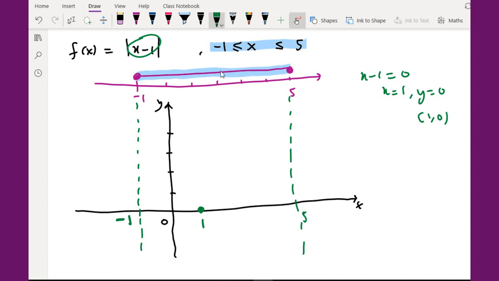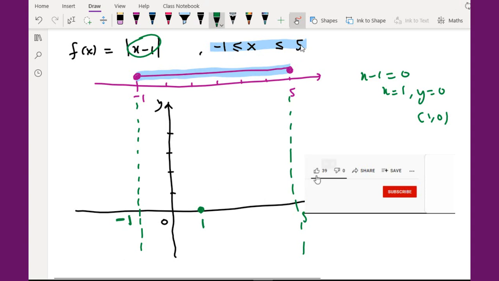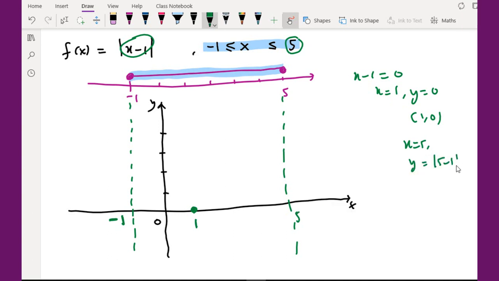Okay, then to find the end point here, just substitute when x is equal to 5, y is 5 minus 1 and equals 4. So (5, 4). 1, 2, 3, 4. Here, this is the endpoint 4 on the right hand side.